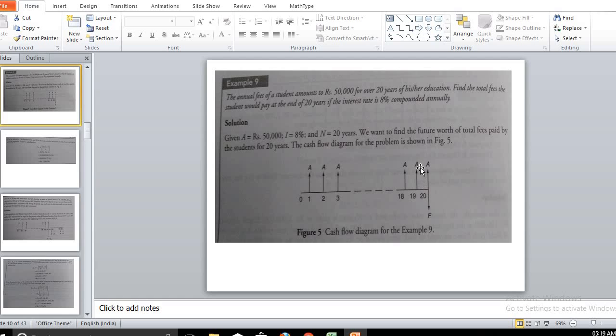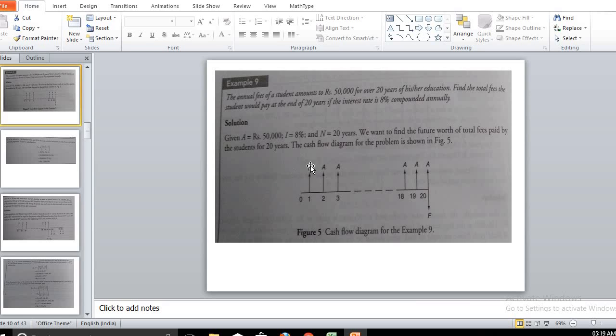How much total amount should he pay at the end of the 20 years with 8% interest compounded? That calculation is nothing but the future value, finding the future value from a given annuity.